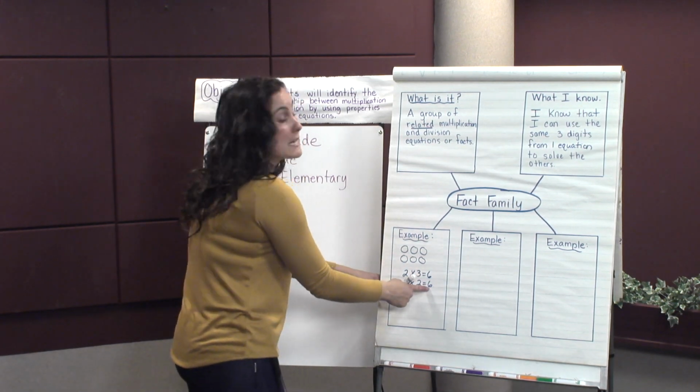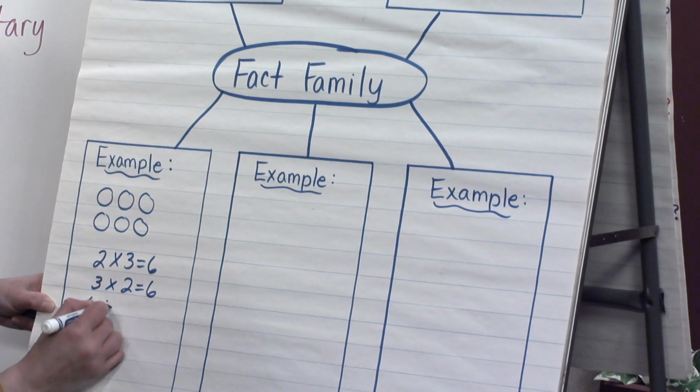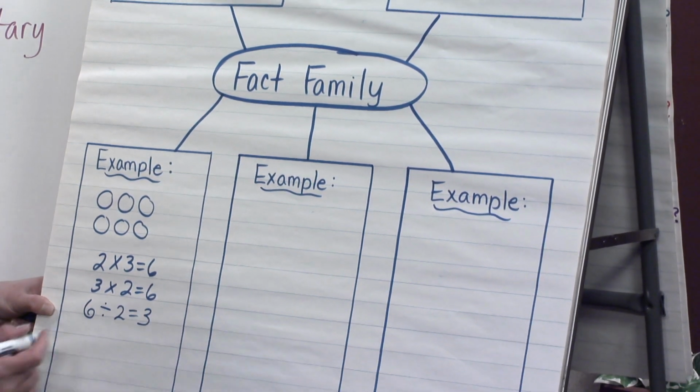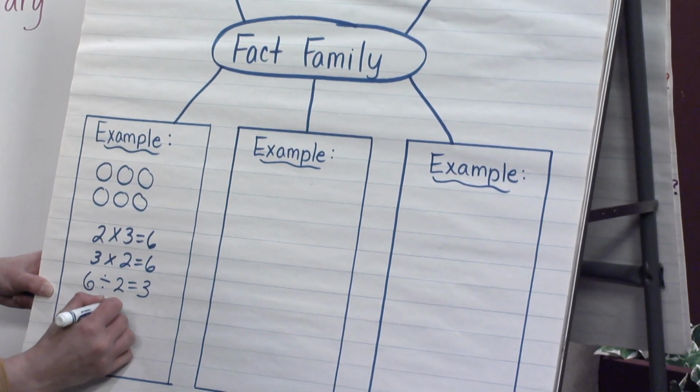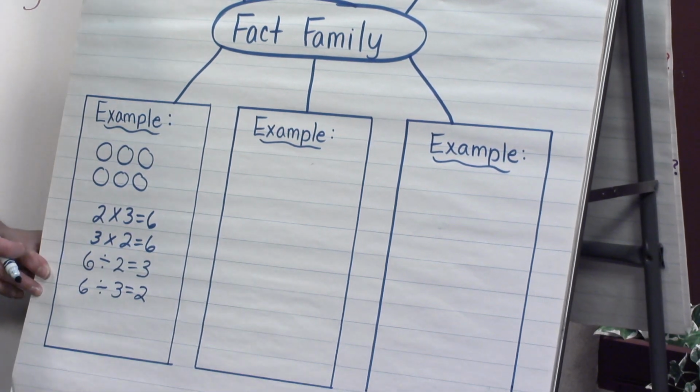I know that if I take my product, I can start my division. So 6 divided by 2 will equal 3. And I can switch the factors. 6 divided by 3 will equal 2. That's one example showing a fact family.